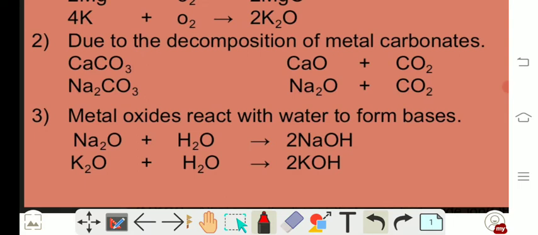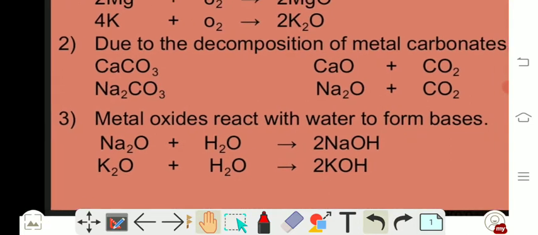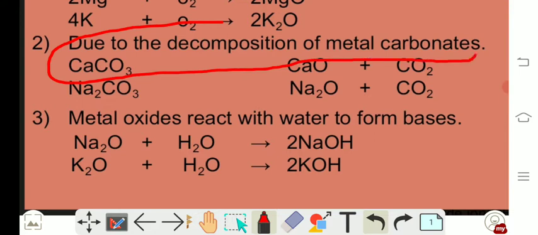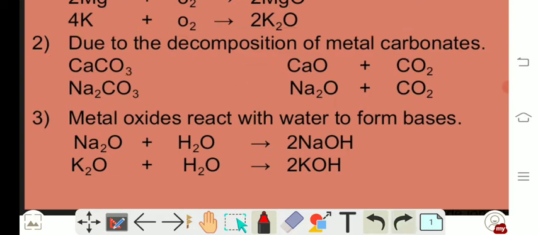Now where is the metal carbonate? Here, calcium carbonate. See here, this is calcium carbonate.